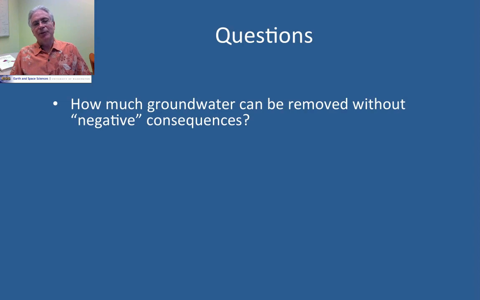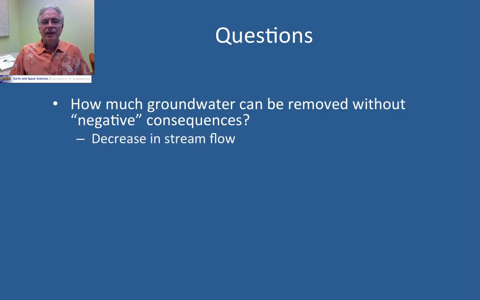Well, here's a few. How much groundwater can be removed without negative consequences? And negative consequences can include decreases in stream flow, which might negatively impact salmon recovery efforts in a Puget Sound or western United States stream, or it could impact downstream access to irrigation.